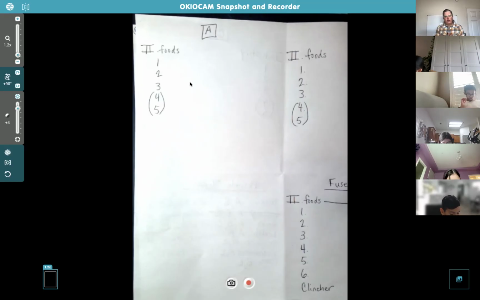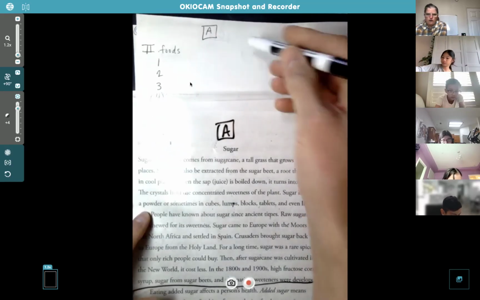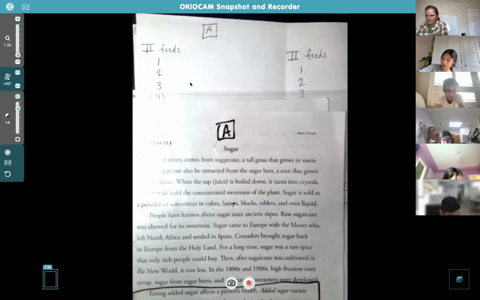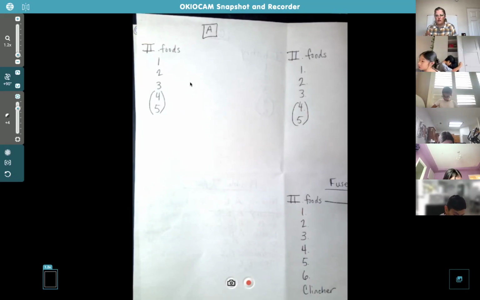To look at that paragraph that matches, you got to make sure it matches A and A or B and B, whichever one you're looking at. And start writing down 3 keywords. Numbers, abbreviations, and symbols are all free, so you don't have to count those. And if you have any questions, let me know. I'm just going to stay right here and let you work for a little bit by yourself.